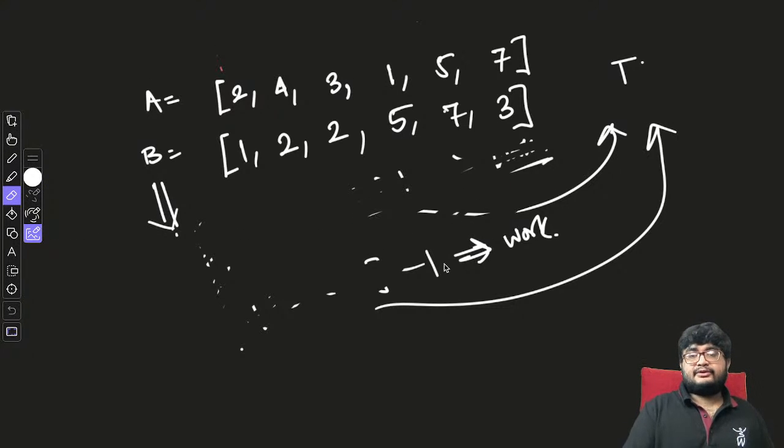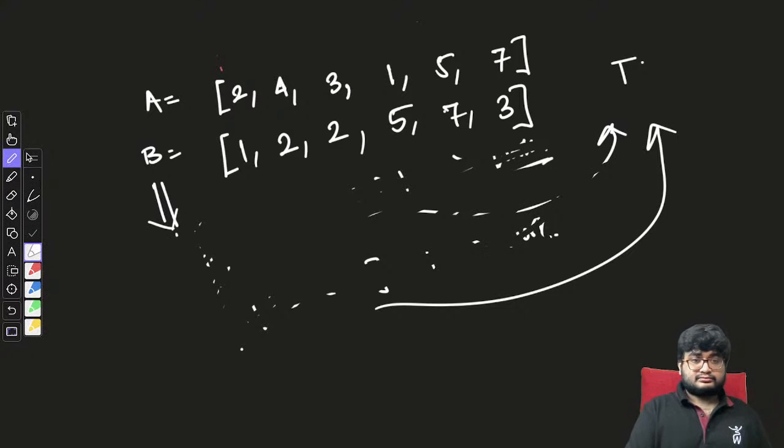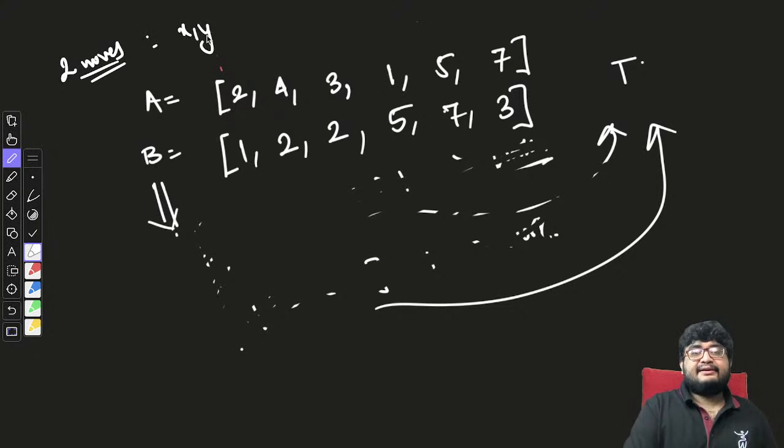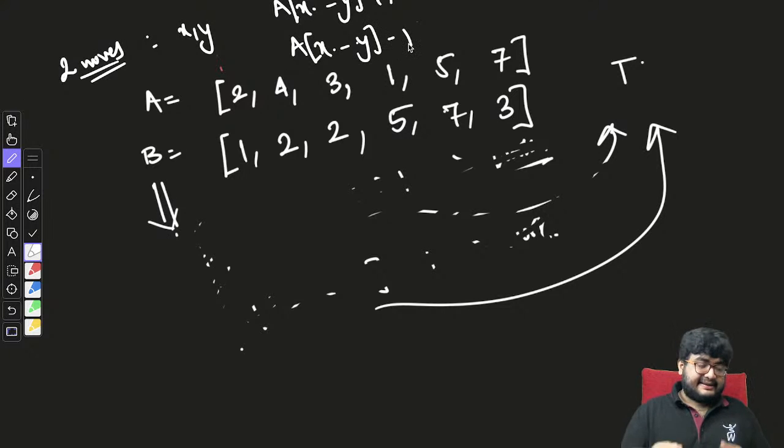So what we'll do is we'll go to the next move. Essentially what we have done here is, instead of changing the array B, we have two moves. That is, choose X and Y and increase the range A X to Y by 1, or decrease the range A X to Y by 1. Yes, we can select only array A and increment and decrement on that, right?